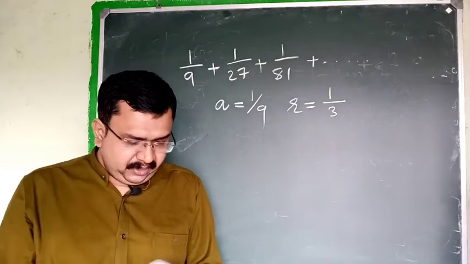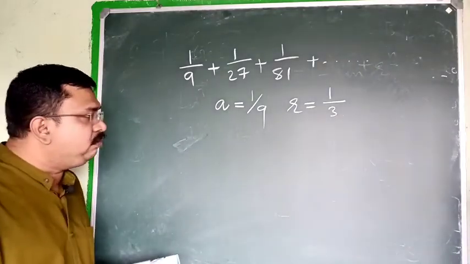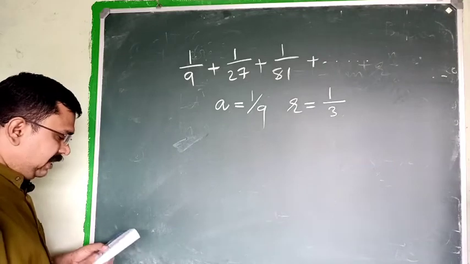Now, we know that limit n tends to infinity Sn is equal to a by 1 minus r.